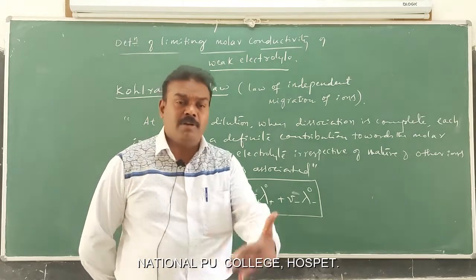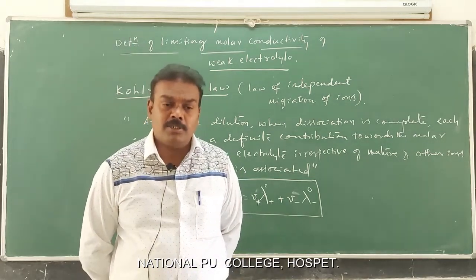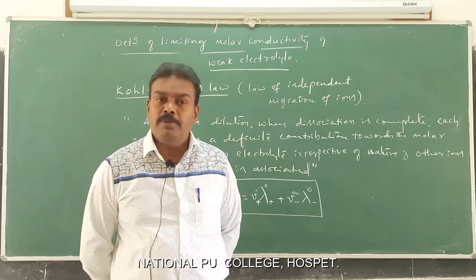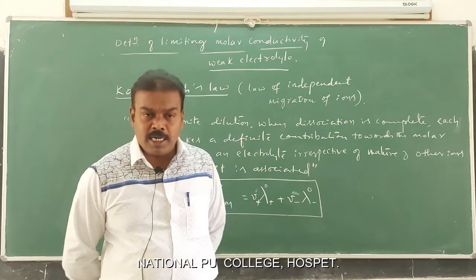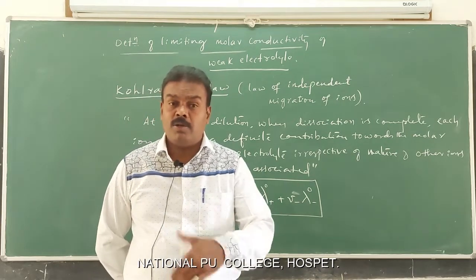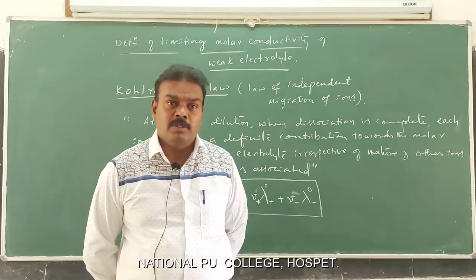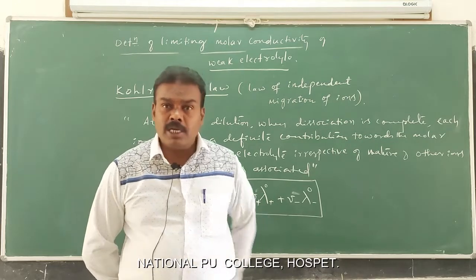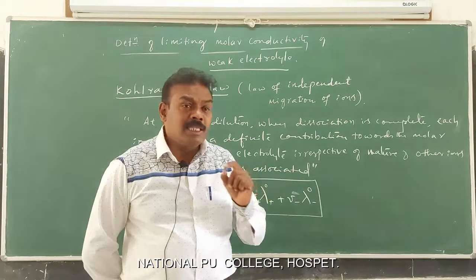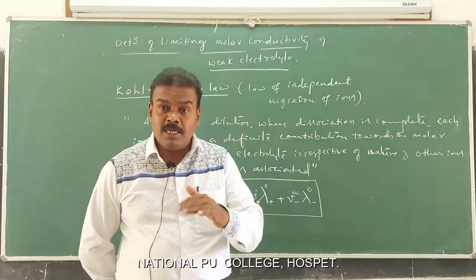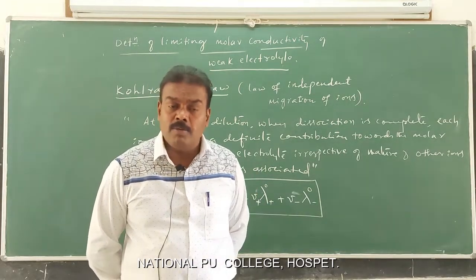That is different for strong electrolytes and weak electrolytes. We know that the molar conductivity of strong electrolytes will be more when compared to weak electrolytes. But in the case of strong electrolytes, with increase in dilution, the relative increase in the molar conductivity will be very less.